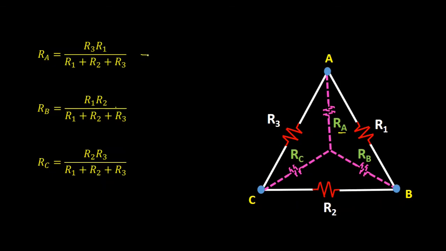Now let this be equation number A, this is equation number B and this is equation number C. Now second one is star to delta transformation. So we find out the resistance values for delta connection from the star connection. We first multiply equation number A with B, then B and C are multiplied, then C and A are multiplied.